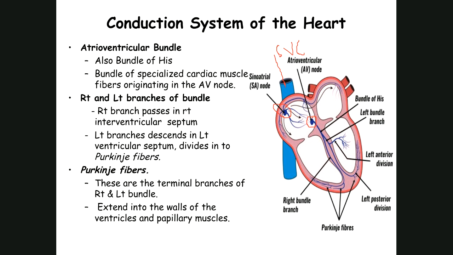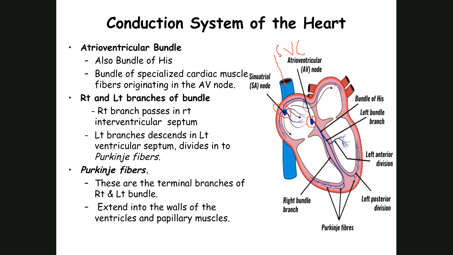Next, what are these Purkinje fibers? These Purkinje fibers are the terminal branches. Terminal branches means the last branches. They are the last branches from the right and left bundle branches. Okay.